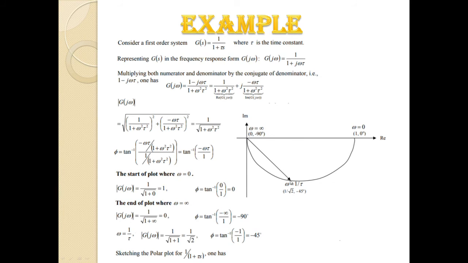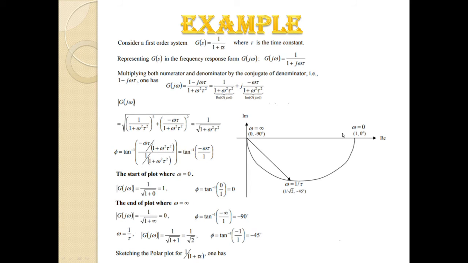Here the omega is 1 by tau, where the magnitude is 1 by root 2 and the phase angle is minus 45 degree. When omega is infinite, we get the angle minus 90 degree. This imaginary line is the minus 90 degree line, and on this line the magnitude is 0, which represents this point.